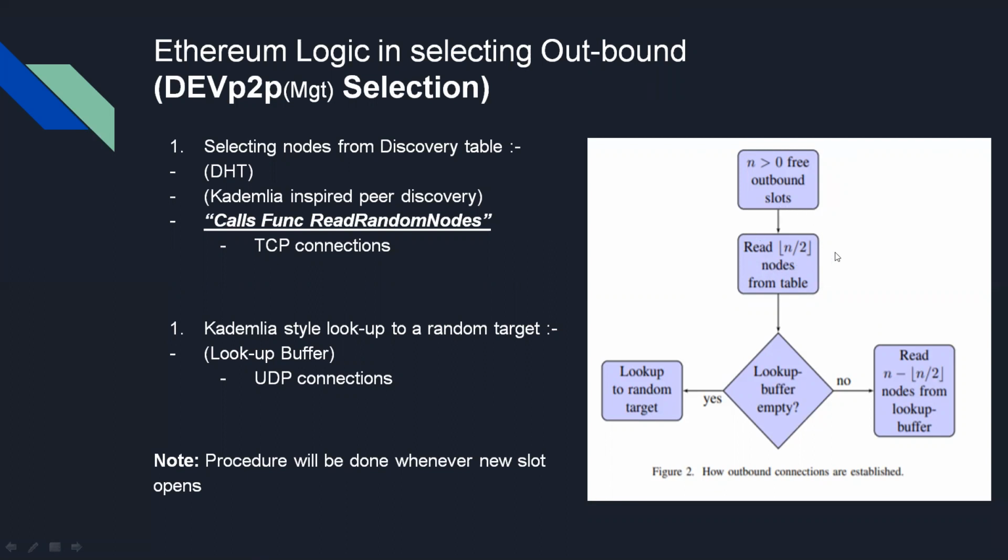This figure presents how DevP2P sets the outbound connections from these two tables if n slots are empty. There is a variable called floor of n by 2 which will be calculated, and as per this DevP2P will take the fillings from both these tables.